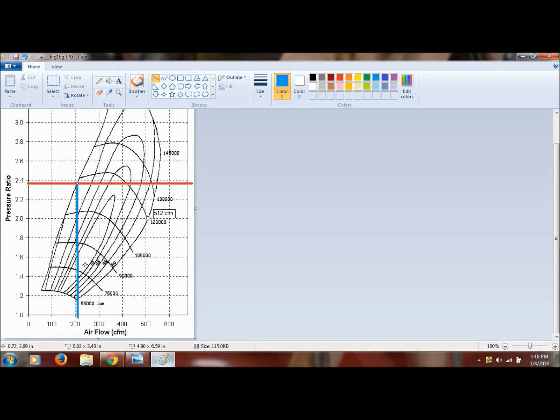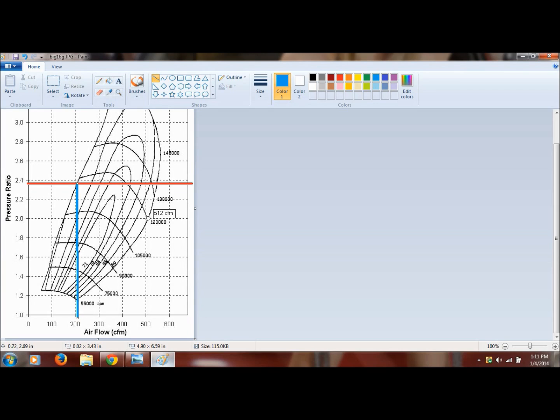Okay, 2.36. And it's going to equal a large number. It's 2,514,816. Then we divide that by 5660, and that's going to equal 444. So we know now that our particular setup is capable of 444 CFM.